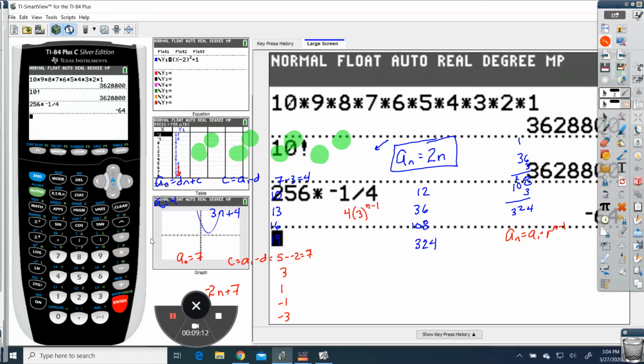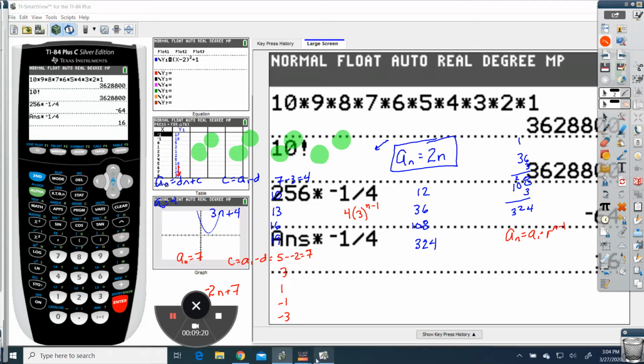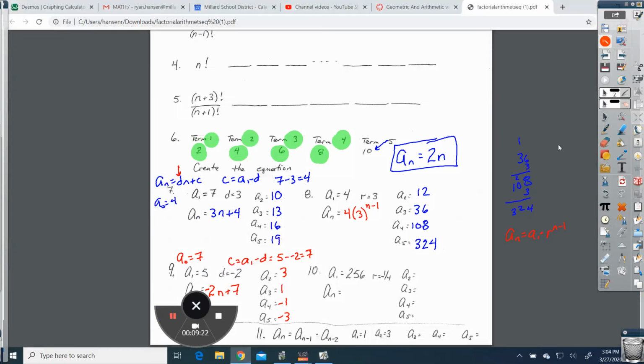Times that by negative 1 divided by 4. So that was negative 64, then a positive 16. And a negative times a positive is going to be a negative.